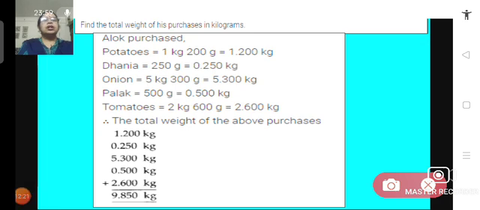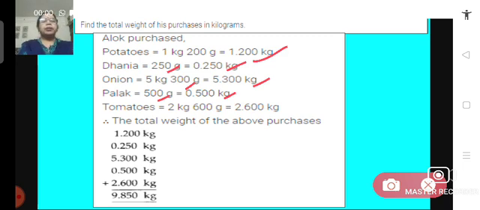So he purchased potatoes 1 kg 200 grams, that means 1.200 kilograms. Now dhania is 250 grams, that means it is 0.250 kilograms. Onions 5 kilograms, 300 grams means it is 5.300 kilograms. Palak is 500 grams, that means it is 0.500 kilograms.